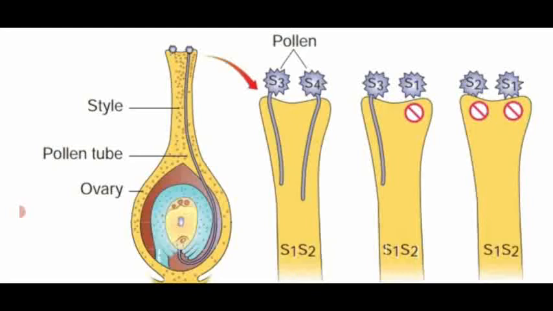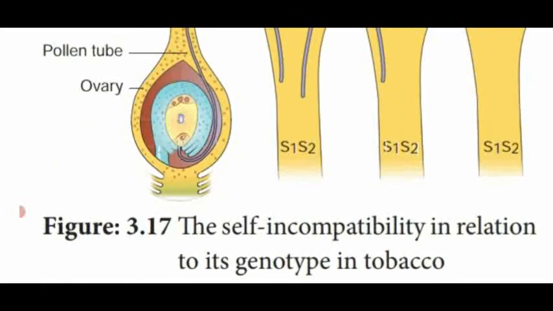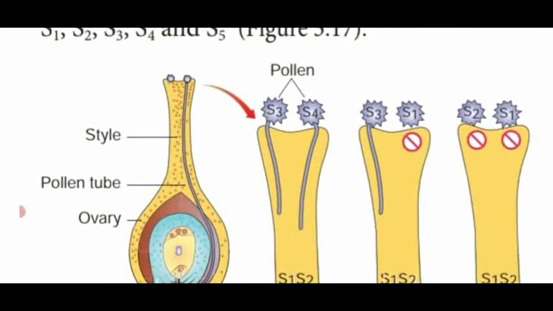So here, this is Nicotiana tabacum which contains multiple alleles. See the first one: S3 and S4 are two of the multiple alleles, and both have the capacity to germinate and produce a pollen tube towards the S1 and S2.